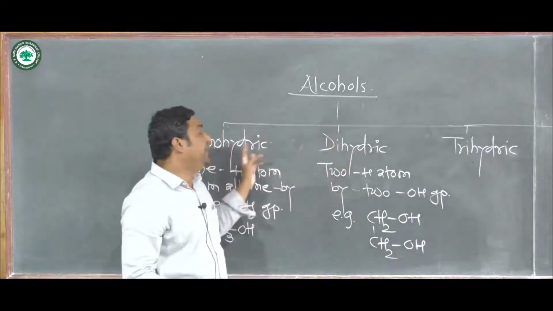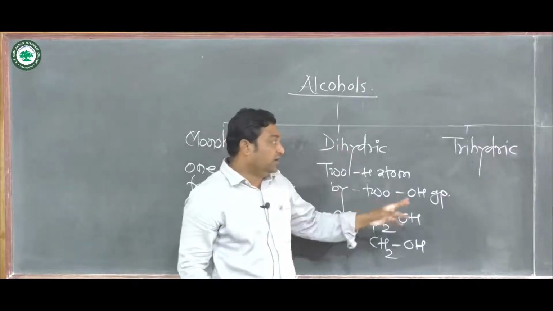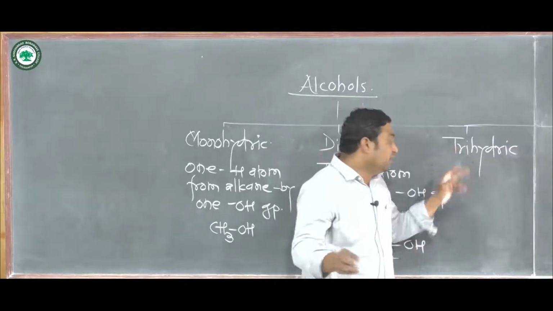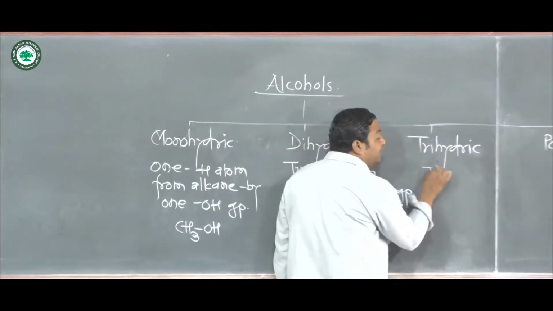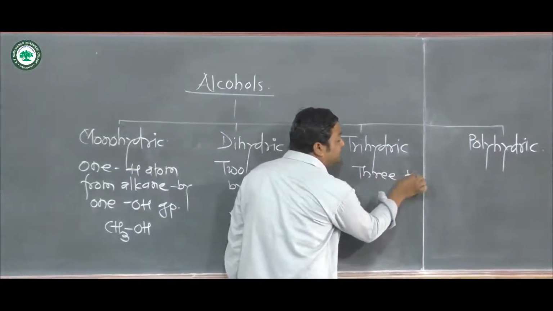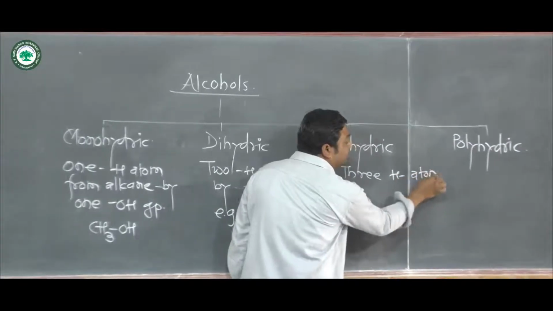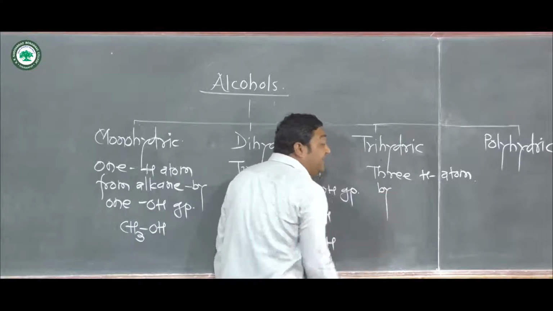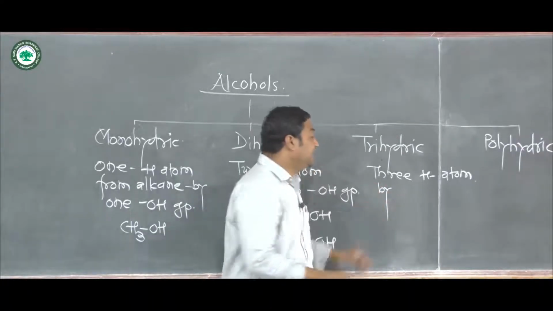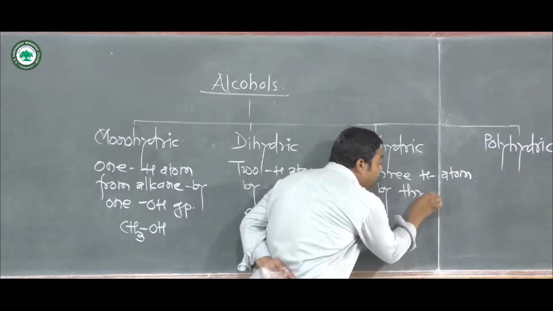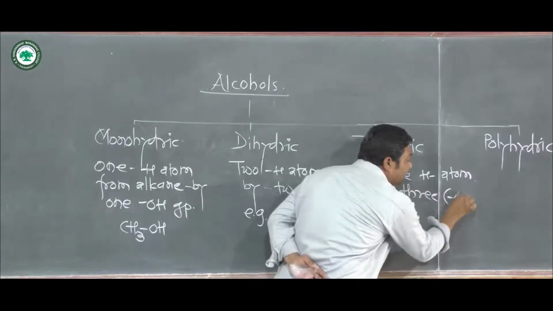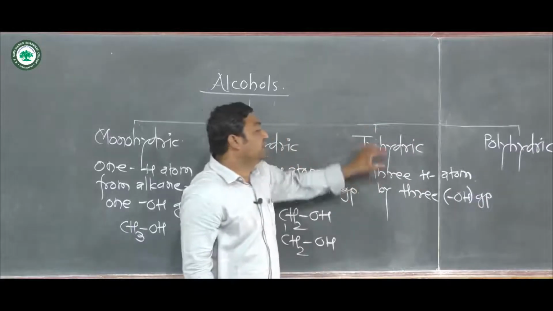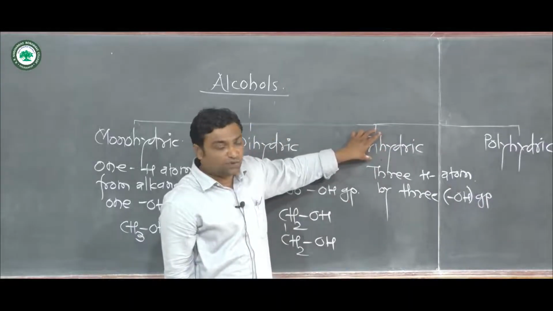As with monohydric and dihydric alcohol, in the case of trihydric alcohol, if we replace three hydrogen atoms of an alkane by the same number of hydroxyl groups, that is three hydroxyl groups, then we obtain trihydric alcohol as a product.